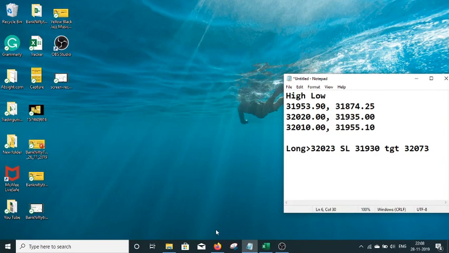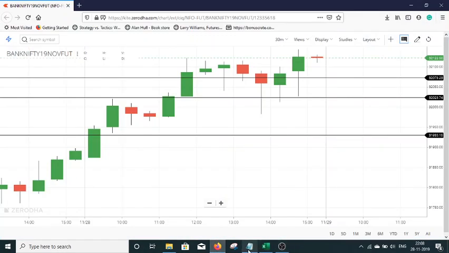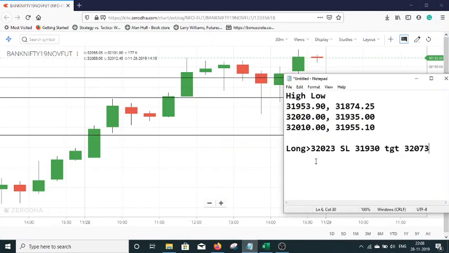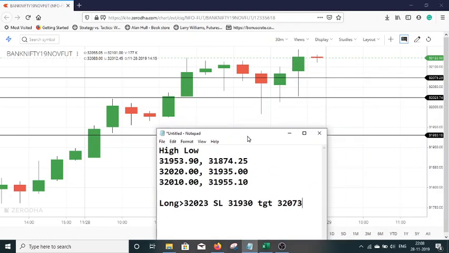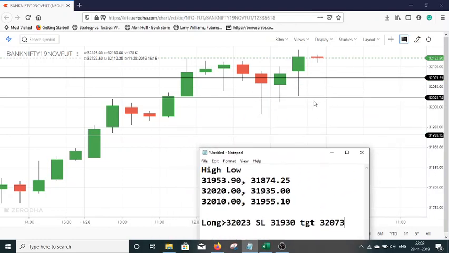Now let's come back to the chart again to check the trade. The long was above 32023. Look at this horizontal line, we have placed it at 32023, indicating the entry point, and the stop loss point 31930, and the target was 32073 respectively.